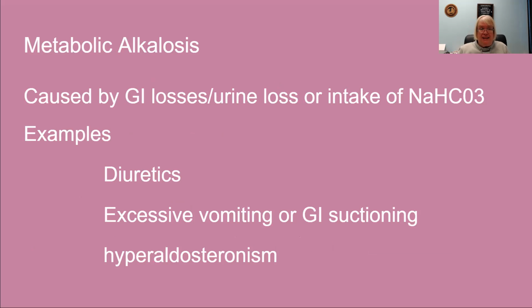Then we have metabolic alkalosis. It's caused by GI losses and urine loss or intake of sodium bicarbonate. So the examples of causes for it would be diuretics, excessive vomiting or GI suctioning, and hyperaldosteronism.